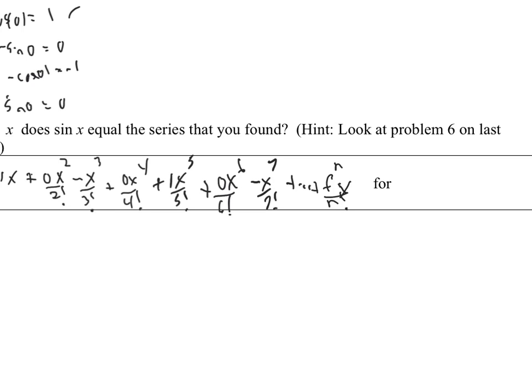Okay, now how do I know if it's plus or minus? Let me erase that whole thing there. I need more room. Plus negative 1 to whatever n it is, x to the n.